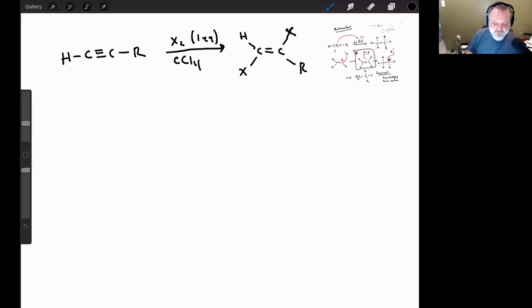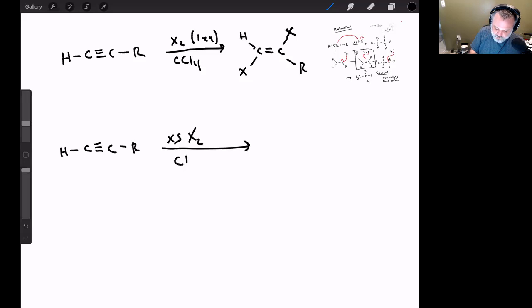But if you react that same alkyne with excess X2, then what's going to happen is you're going to add the halogen twice.